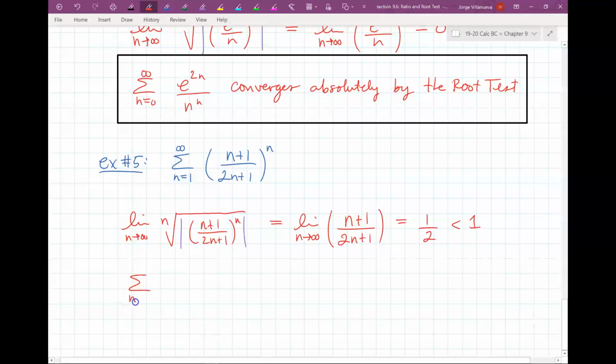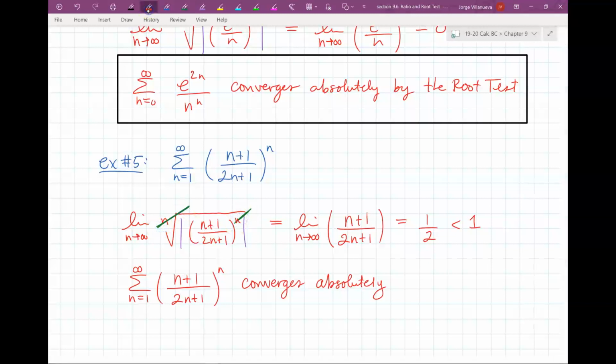So the sum as n goes from 1 to infinity of n plus 1 over 2n plus 1 to the nth converges absolutely. I'll show you right now. So this nth root will get rid of that. So it converges absolutely by the root test.